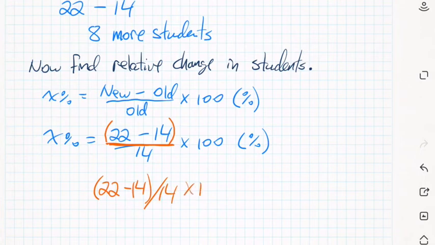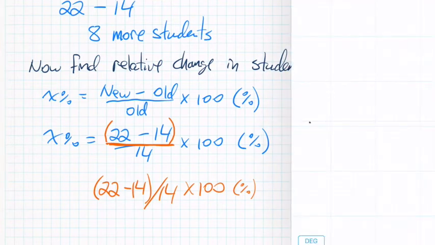And then here you can actually times it by 100, and on paper change it to a percent. So parentheses 22 minus 14, parentheses divided by 14. That gives us 0.57 something.